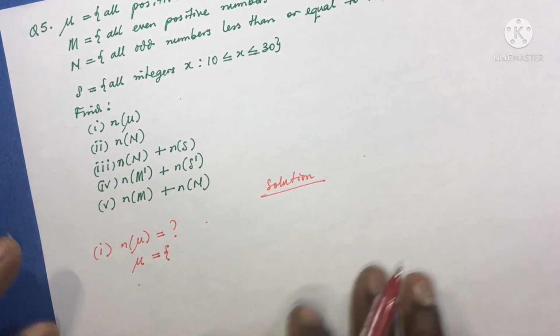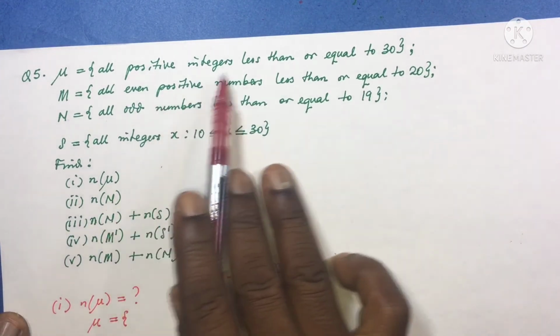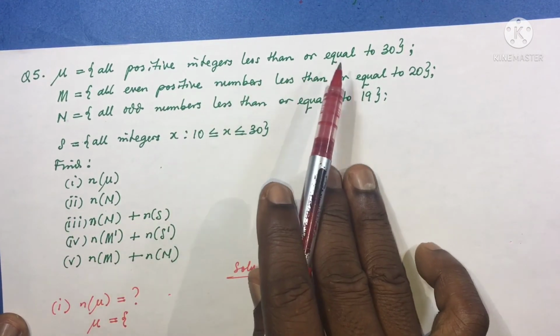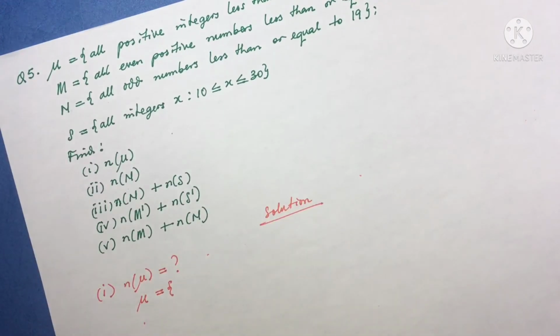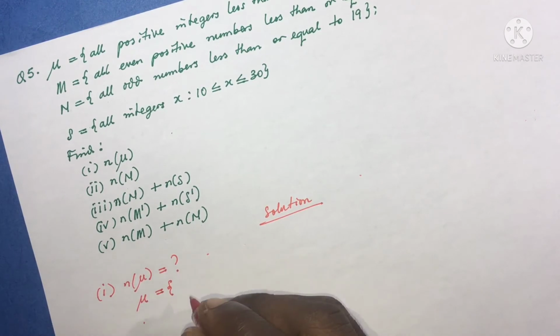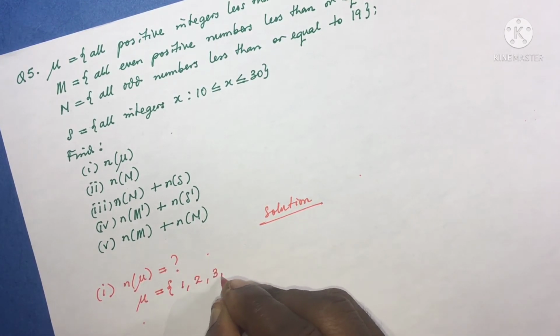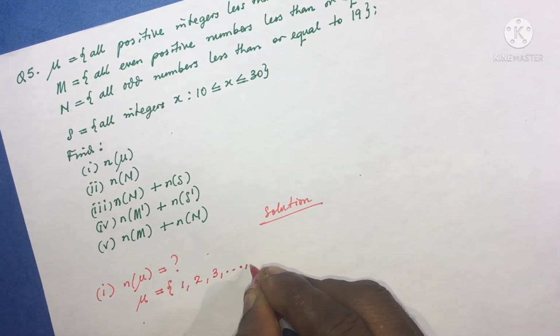We are told the universal set contains all the positive integers less than or equal to 30. So let us list out all the positive integers less than or equal to 30. That would contain 1, 2, 3, to 30.